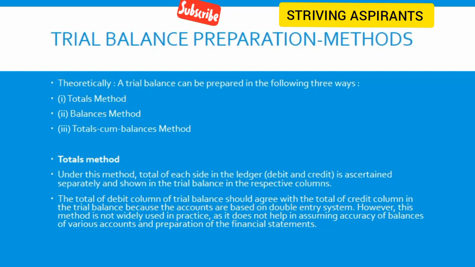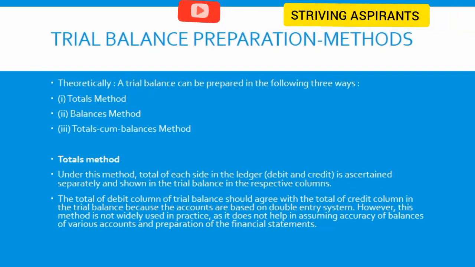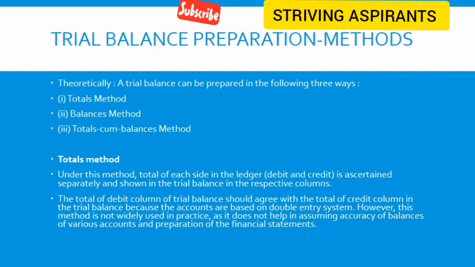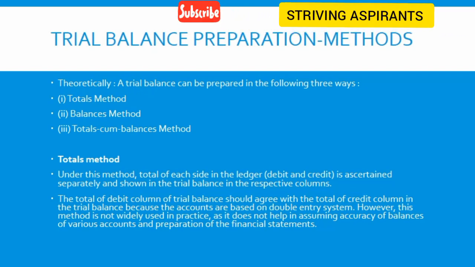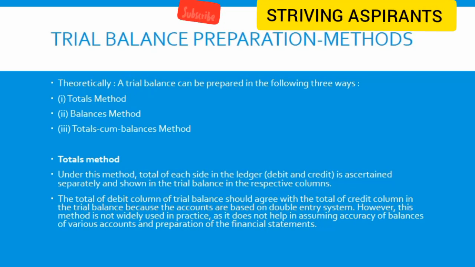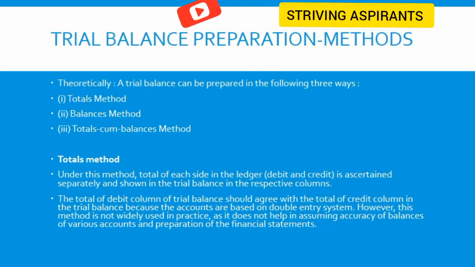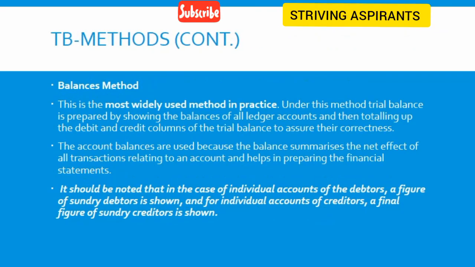Means the debit of each ledger account is added, and the credit side total is added, and all these totals are taken separately and then carried to the trial balance. Then it will be shown in the respective columns, like debit and credit columns.